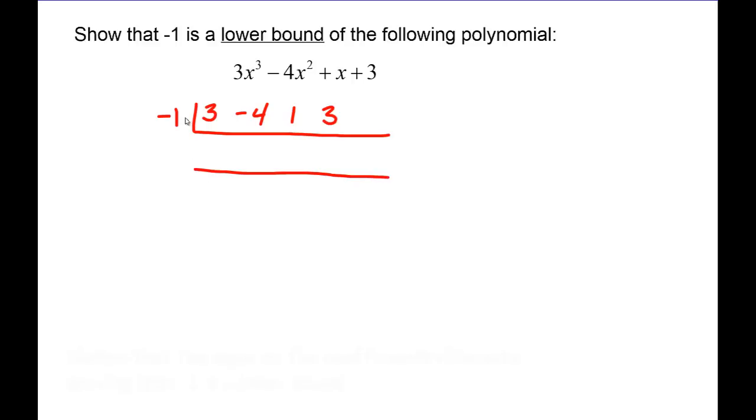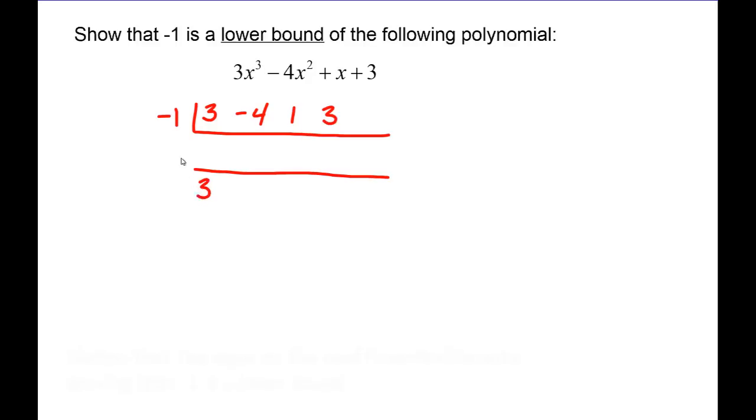If we were going to follow what some would say, you'd have to reflect this over the y-axis and then use the opposite of this to prove that this is a lower bound. But with the technique I'm going to show you now, you don't have to do that. You just have to do standard synthetic division with the sign of the root you're trying to prove.